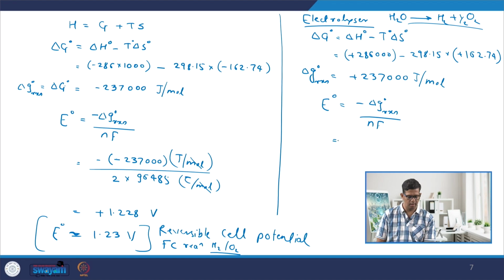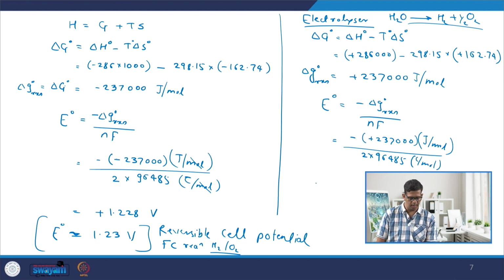Simplifying, it is minus of plus 237,000 joules per mole, divided by 2 times 96,485 coulombs per mole, and this comes to minus 1.23 volt.